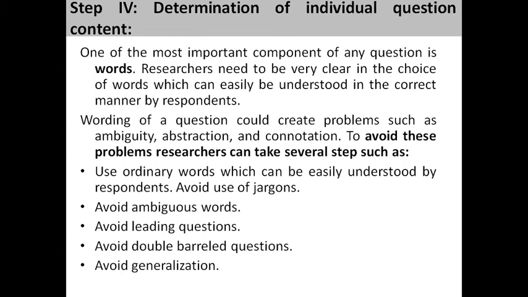To avoid this problem, researchers can take several steps, such as using ordinary words and avoiding jargon, avoiding ambiguous words, leading questions, double-barreled questions, and generalization. I am discussing this in my tutorial on item writing, so there you will learn it better.